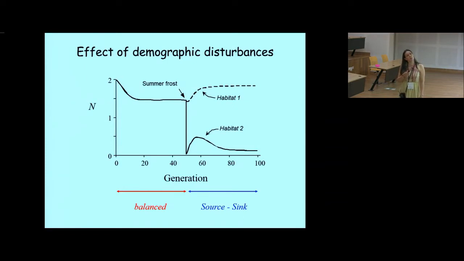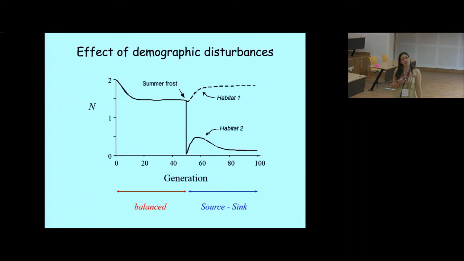You have a population at some arbitrary starting density, then it goes to a symmetric equilibrium, of course, exploiting the two types of host plant, and then suddenly you've got an unusual summer frost event killing all individuals on one host plant, which is what happened in the butterfly population I mentioned.